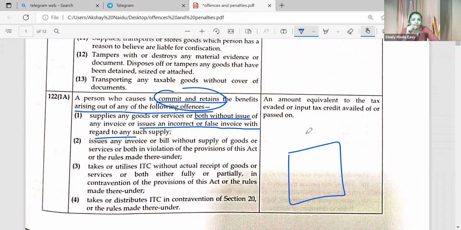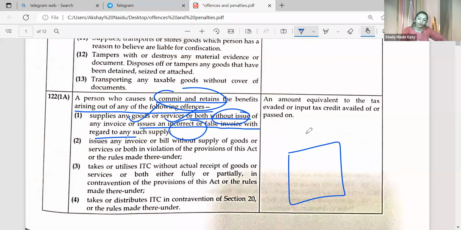Here, I have purchased something that was liable to 18% GST, but the invoice you are giving is only 5%. Are you getting it? So supply of goods and service either without the issue of invoice, or you issue an incorrect invoice.